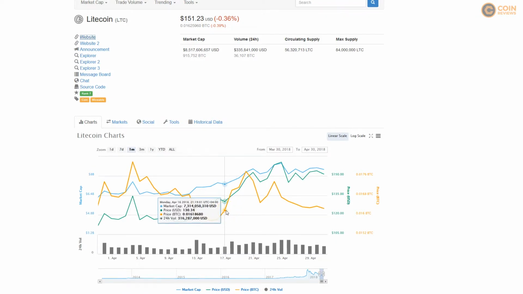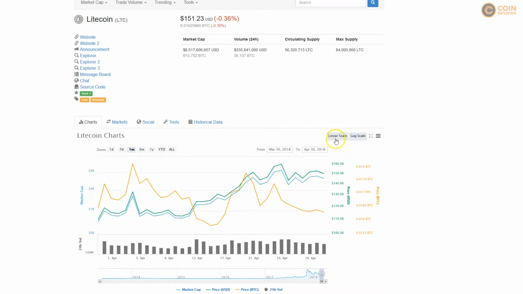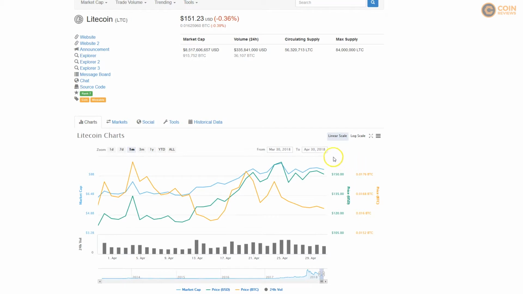We've got the price in dollars, we've got the price in Bitcoin, we've got all of these prices, and you can get quite precise. You can dive in and look at whatever you want to. You can put in a custom range of dates in here if you want to, and you can even change this from linear scale to a log scale if that's your bag.